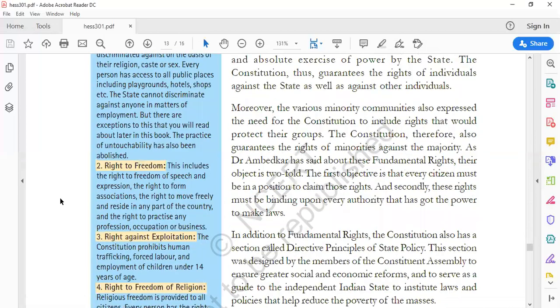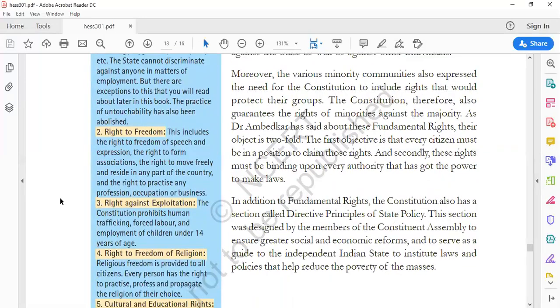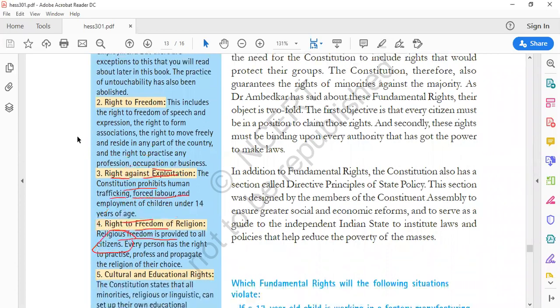Now coming to right to freedom. Right to freedom includes your right to freedom of speech and expression, right to form associations, right to move freely and reside in any part of the country, right to practice any profession, occupation and business. Right against exploitation: the Constitution prohibits human trafficking, forced labor, and employment of children under 14 years of age.